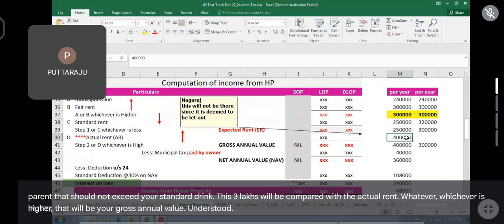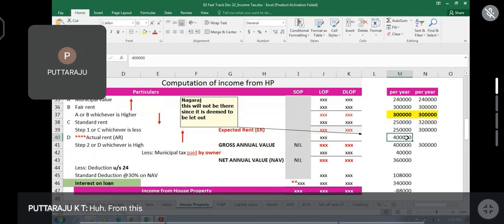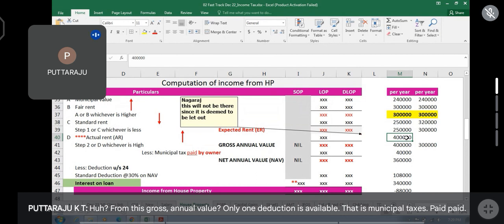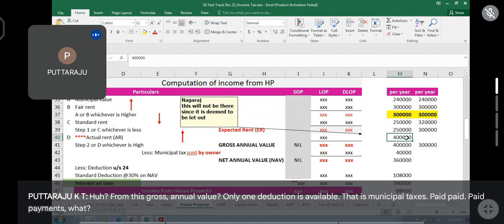Yes, sir. From this gross annual value, only one deduction is available, that is municipal taxes paid. Paid means what? Actual payment should have happened.